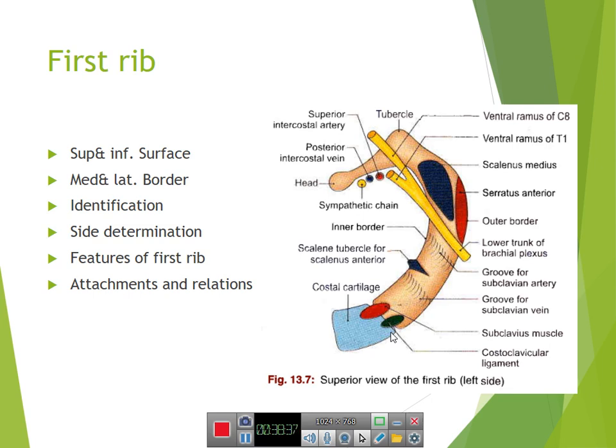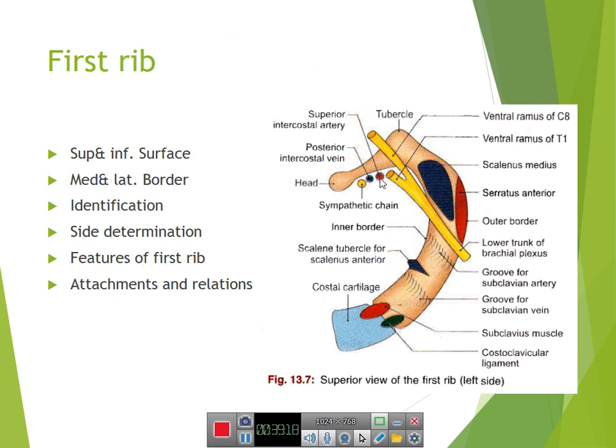From medial to lateral side of the neck of the first rib, we have the sympathetic chain in yellow, the posterior intercostal vein in blue, and the superior intercostal artery, which is lateral and in red.